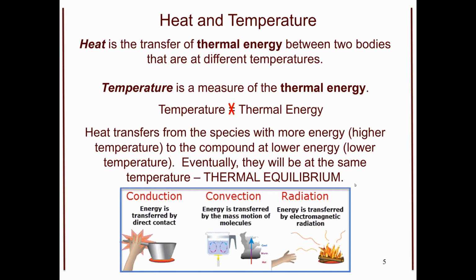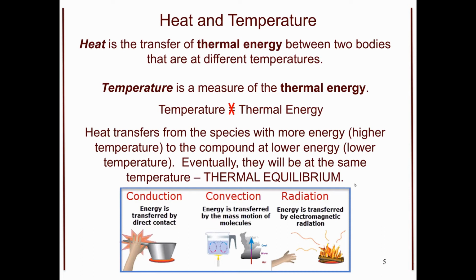The important part about this is that we need to have quantifiable numbers in order for us to discuss heat and temperature. We will talk about heat using the units of joules and kilojoules. That is the SI standard unit. In temperature, we are talking about temperature differences. How many Kelvin? How many degrees Celsius?